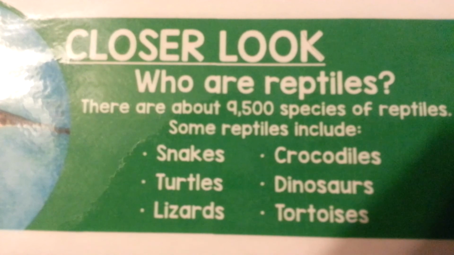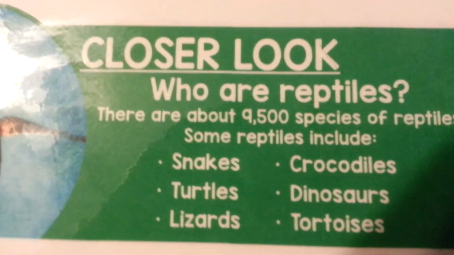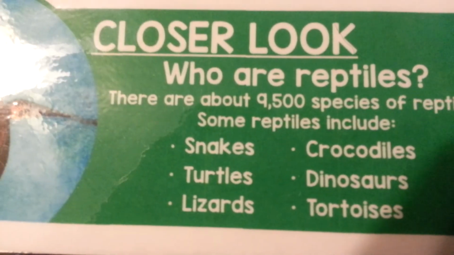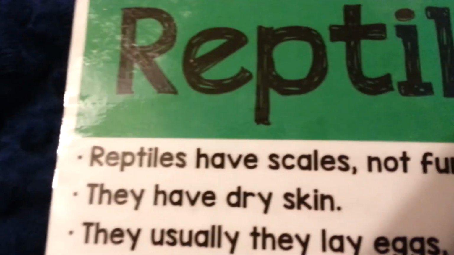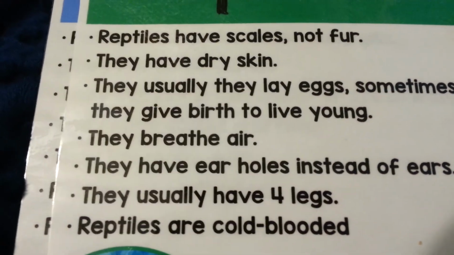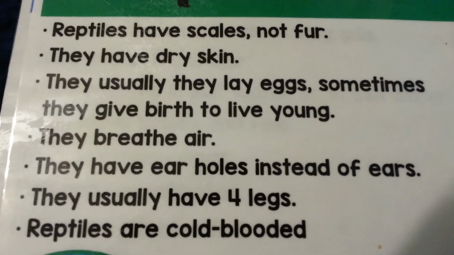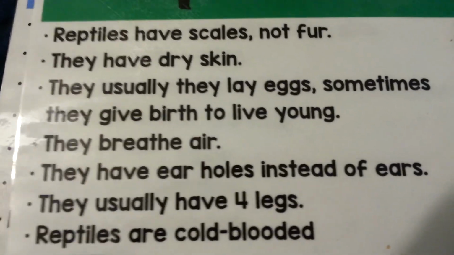Snakes, turtles, lizards, crocodiles, dinosaurs, tortoises, alligators, chameleons. Chameleon's a type of lizard, by the way. Those are the reptiles. Remember, dry skin, not fur, not moist skin, not feathers, not exoskeleton.